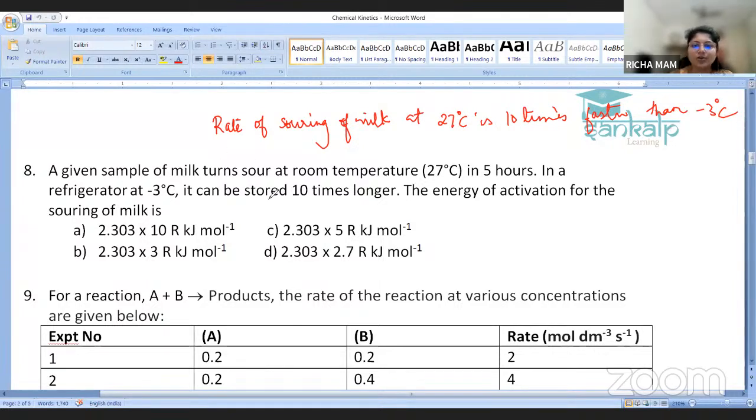At room temperature the milk will get sour in 5 hours, but in the refrigerator it is 10 times slower. So what is the energy of activation they have asked? We will find out the energy of activation. The temperature at room temperature means 273 plus 27, that is 300.